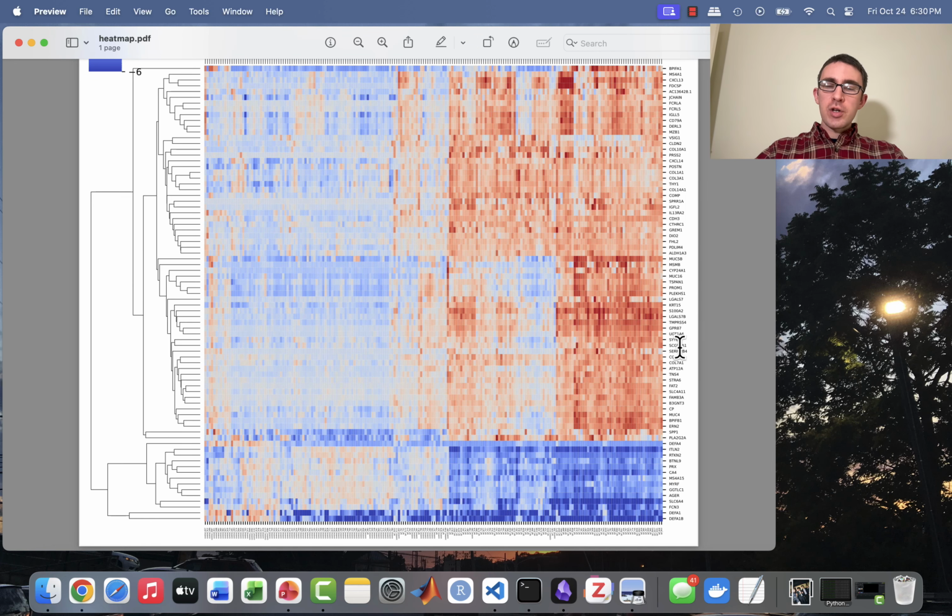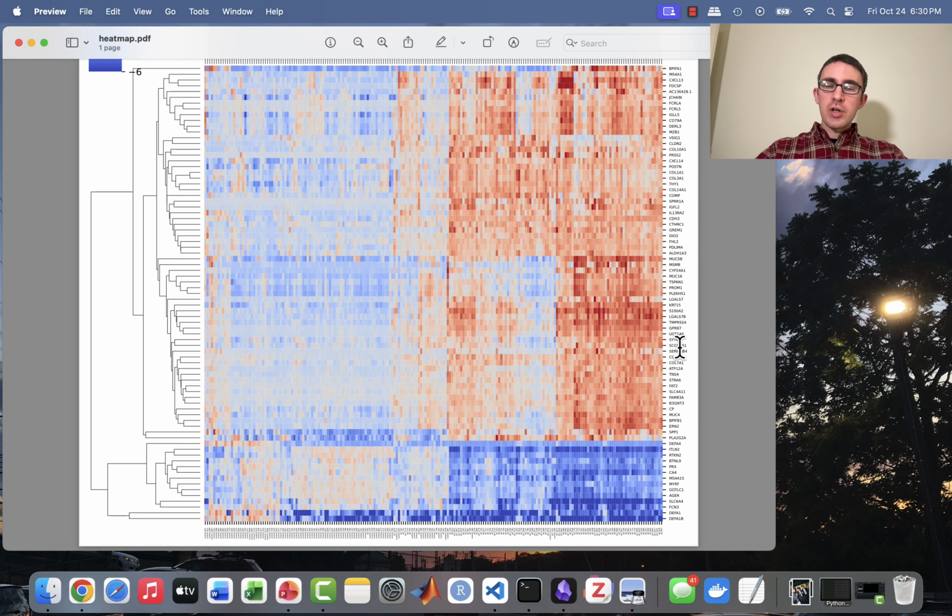With that explanation, the actual code to do this is pretty easy. We're going to start by making a two-dimensional NumPy array with the same shape as our significant gene expression matrix, which we called sig data, which has rows for the 79 differentially expressed genes and columns for the 206 samples.